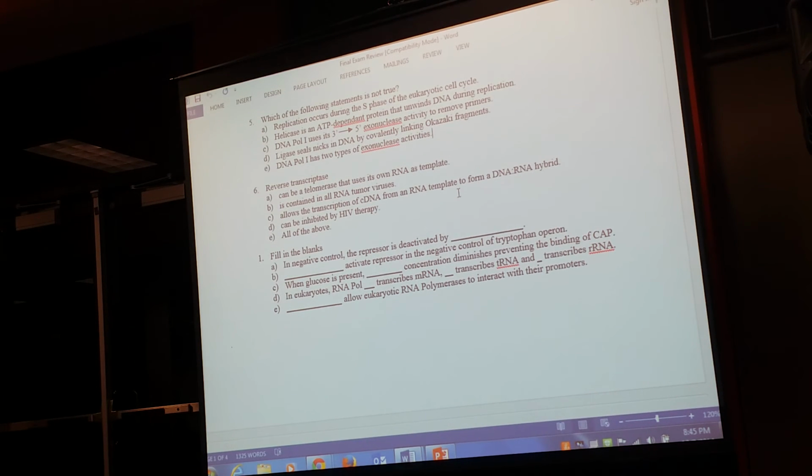In eukaryotes, RNA polymerase what transcribes mRNA? So the choices would be 1, 2, or 3. 2, and then what transcribes tRNA? 3, and 1 transcribes rRNA. Blank allows eukaryotic RNA polymerases to interact with their promoters.